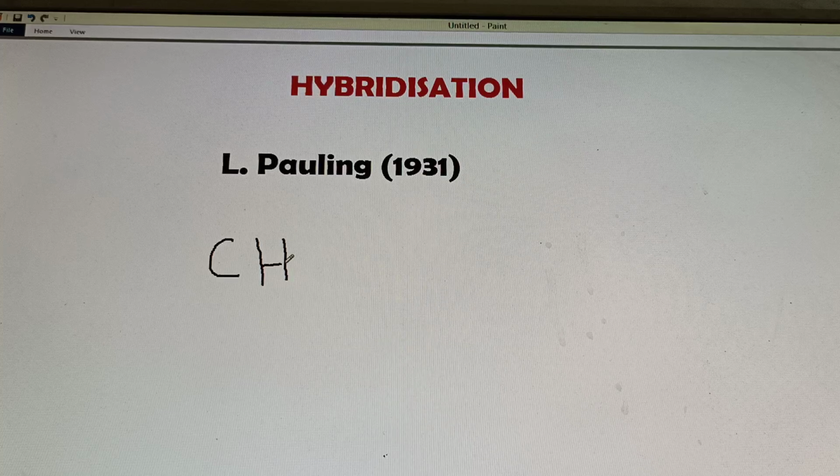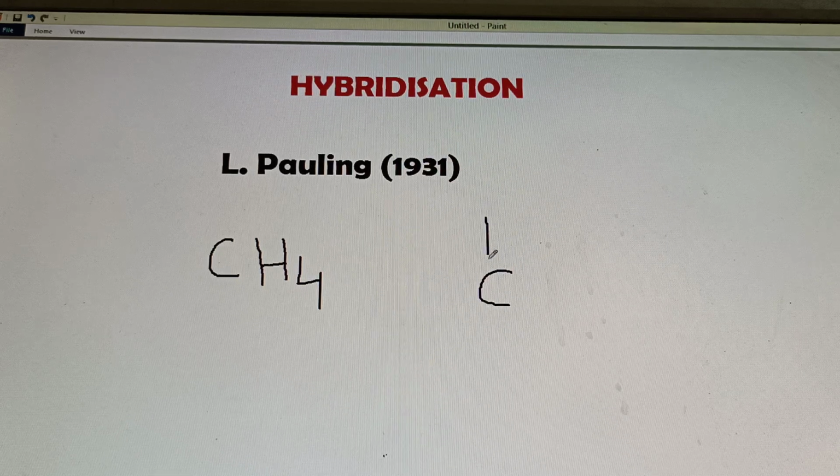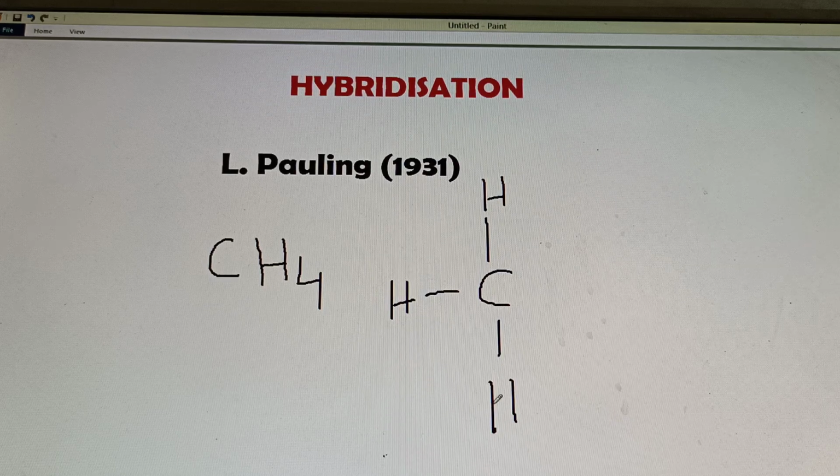CH4, we know that CH4 is methane. Here the carbon atom forms 4 bonds with hydrogen.